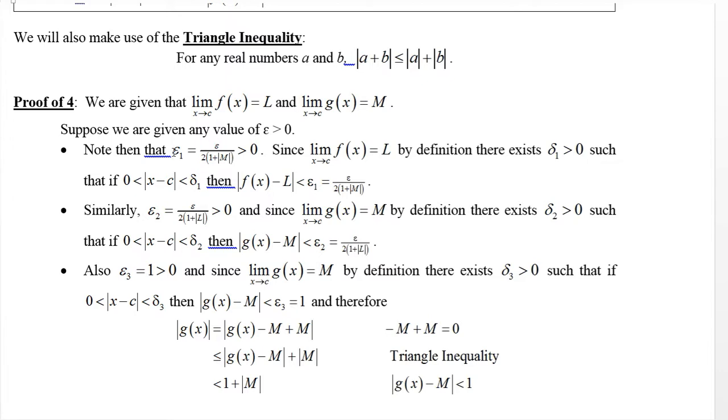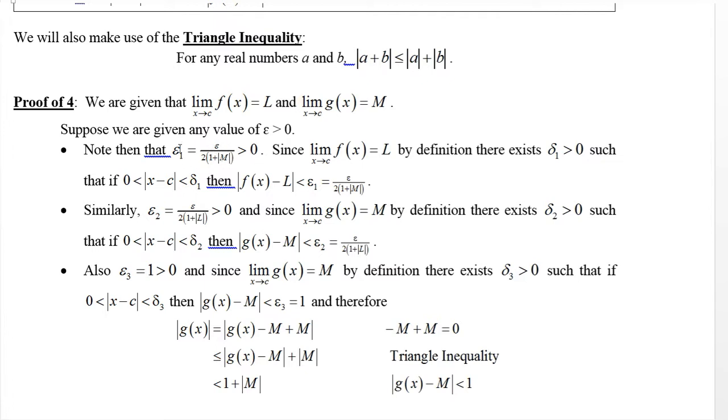So let's look at a new number, epsilon 1. Epsilon 1 is going to be the original epsilon divided by 2 times 1 plus the absolute value of m. Since I've got absolute value here, this is at least 0 or bigger. Add 1, this is at least 1. Times 2 makes the bottom a positive number. Divide it into a positive number, you get a positive number. So this is our new epsilon.